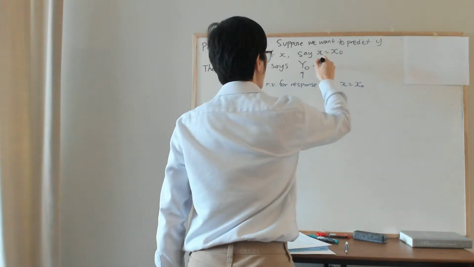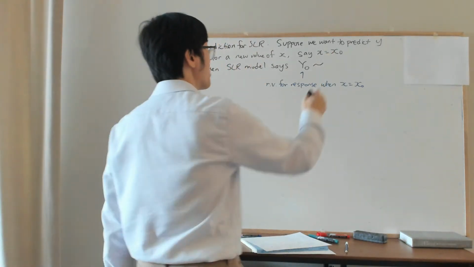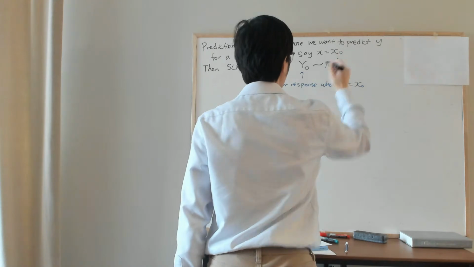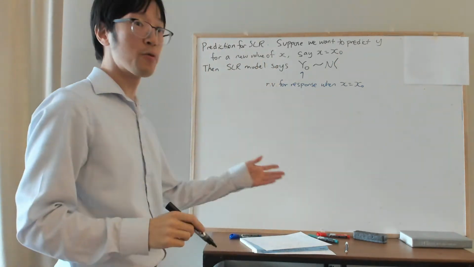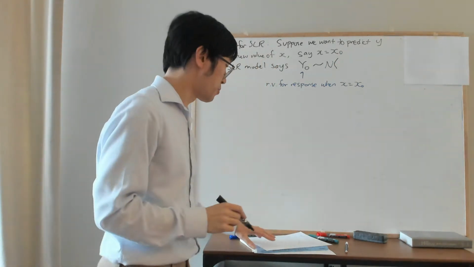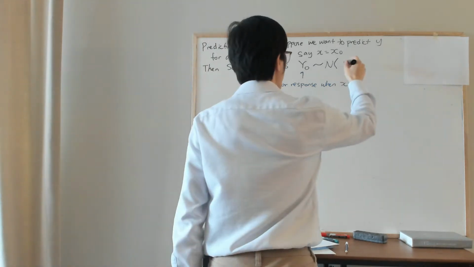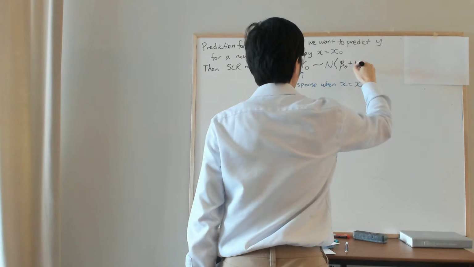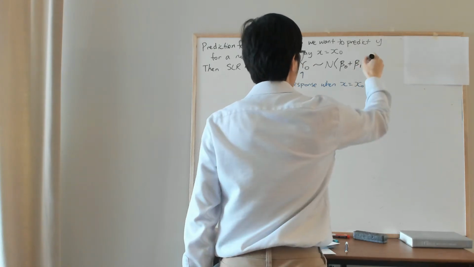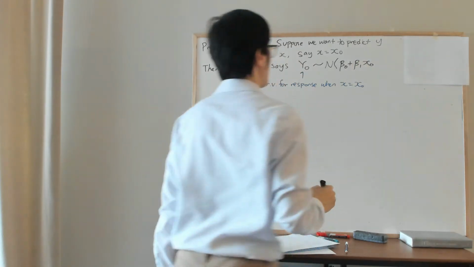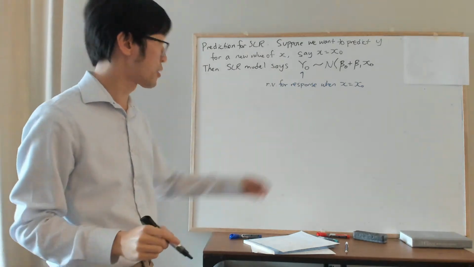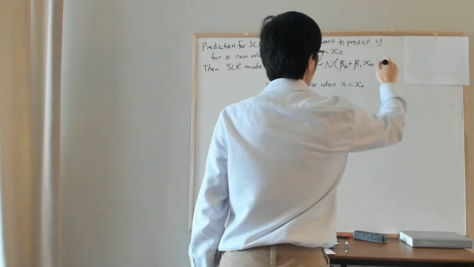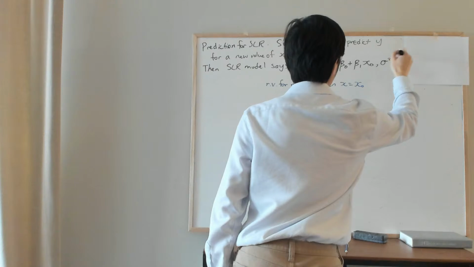Okay, so according to our model, this has a normal distribution. The mean of it would correspond to the value of x0 at which we want to do the prediction. So the model says it's going to be beta 0 plus beta 1, and then specifically x substituted at the value of x0, and then variance sigma squared.